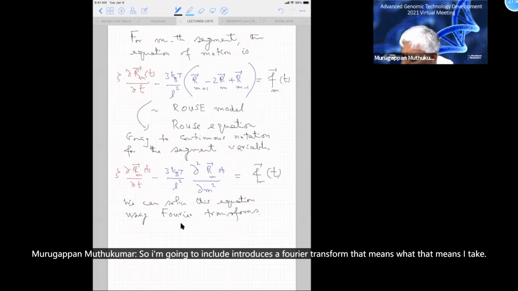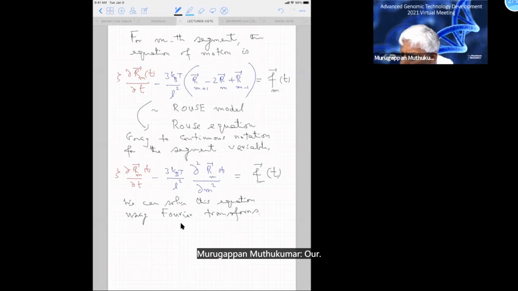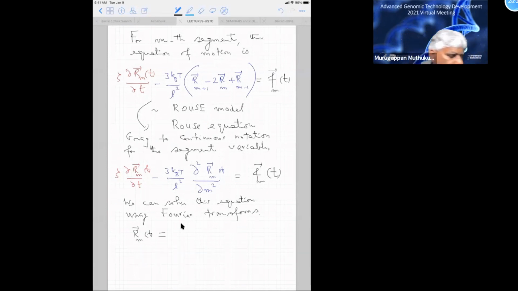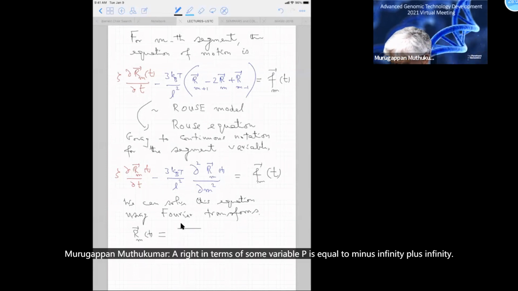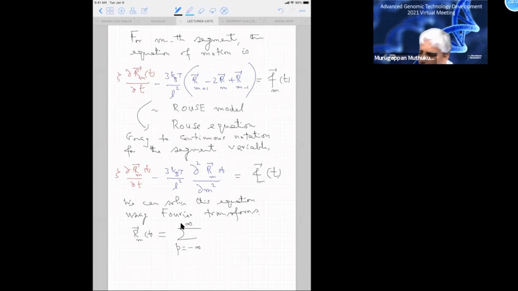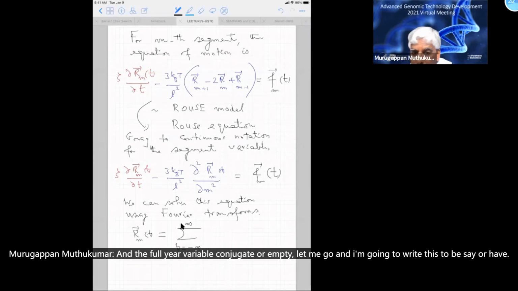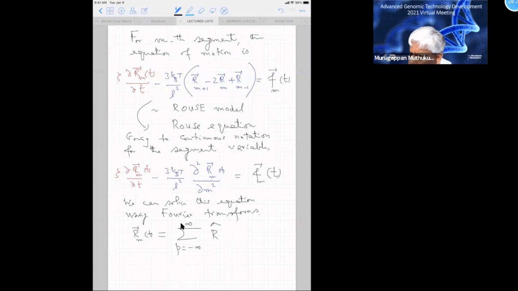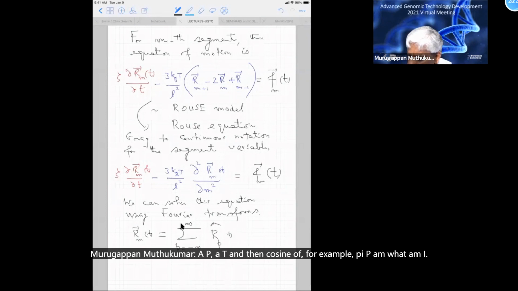That means I take R m t and write it as a Fourier series, in terms of some variable p from minus infinity to plus infinity. The Fourier variable conjugate to R m t, I'm going to write as R hat p at t, and then cosine of pi p m over N.